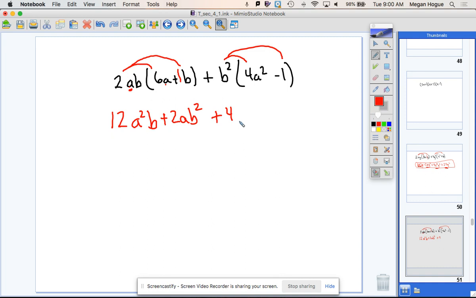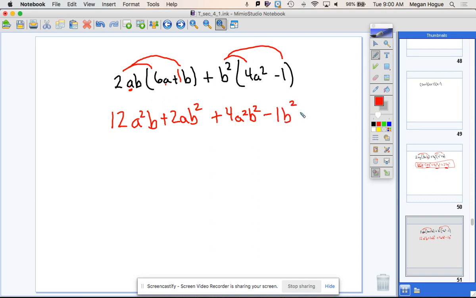So how am I going to write it? Yep, and I can write it that way. I personally like to put my a's first, so I'm going to flip it around and write a squared b squared. But if you put b squared a squared, that's fine. And then Tyler, what do you think about the last term? Times this. Yeah, so minus 1b squared.